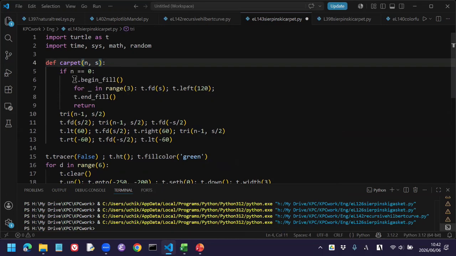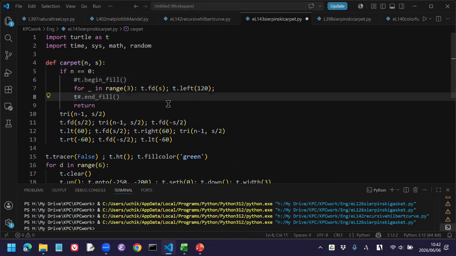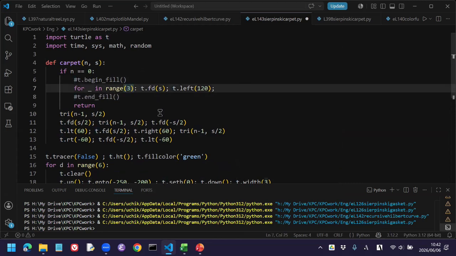We will forget about color filling in the beginning. Instead of drawing a triangle, we will draw a square, four times, turning 90 degrees at each angle. This is simple.